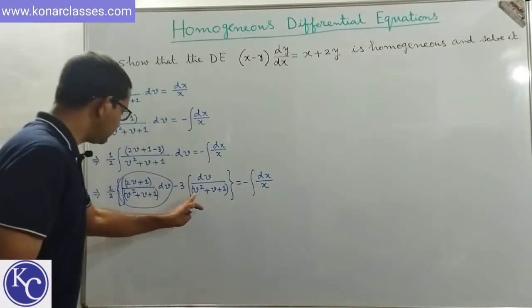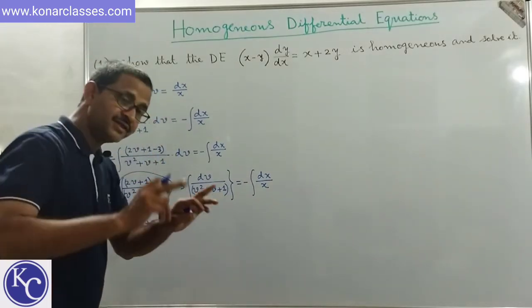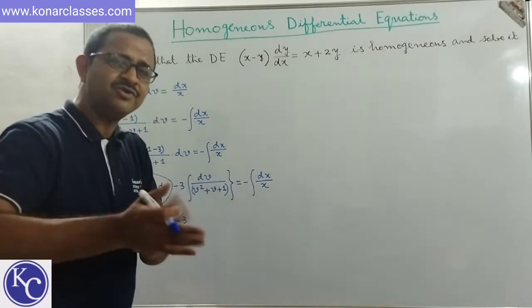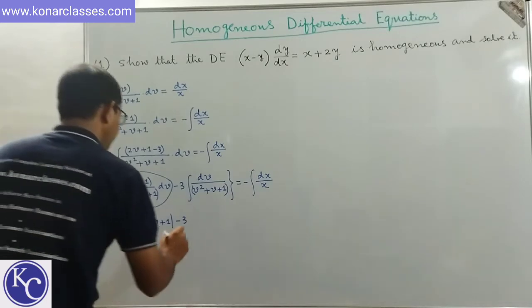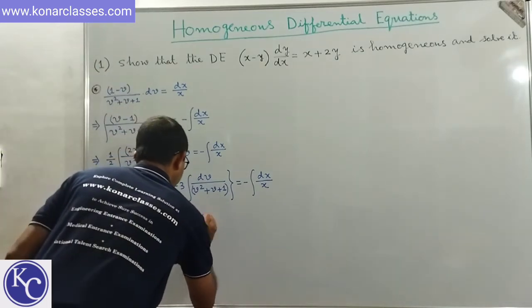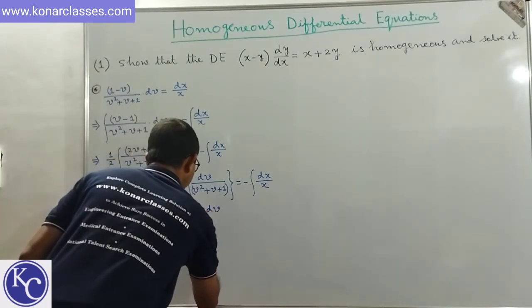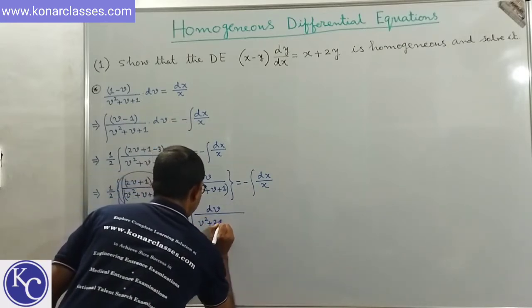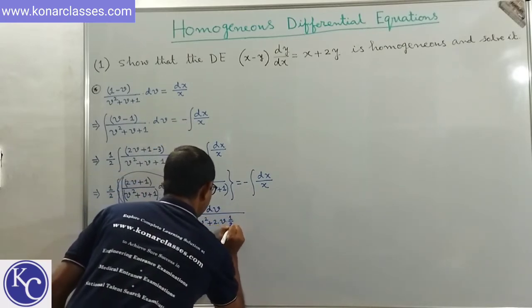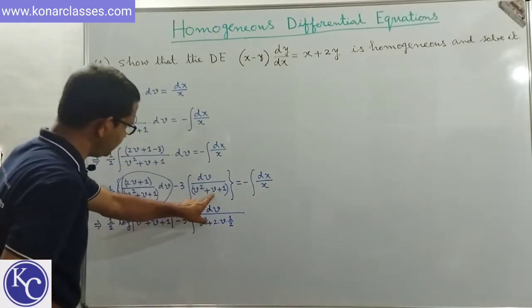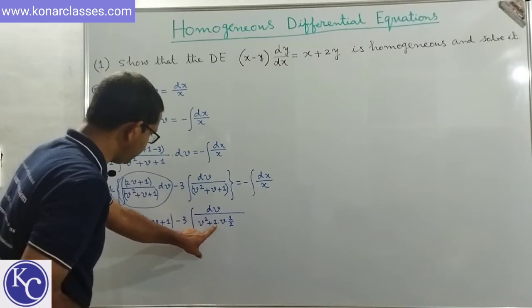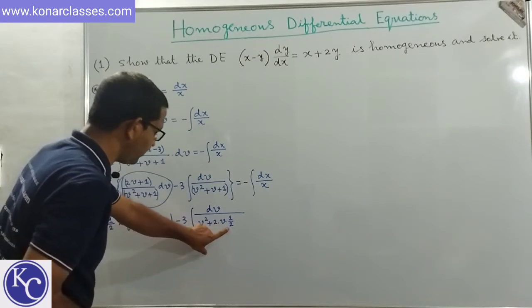So what to do with this one? The denominator has to be made a perfect square of v with the adjustment of the constant term. So that means, dear students, we can write ∫dv divided by v² + 2·v·(1/2), because in the denominator the coefficient of v is 1. Now to make it a perfect square, we make 2·v·(1/2).